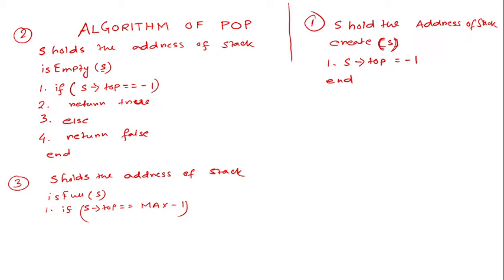If it is true, that means if top equal to max -1, then return true. Return true means the is full function will return true. So return true, else return false.